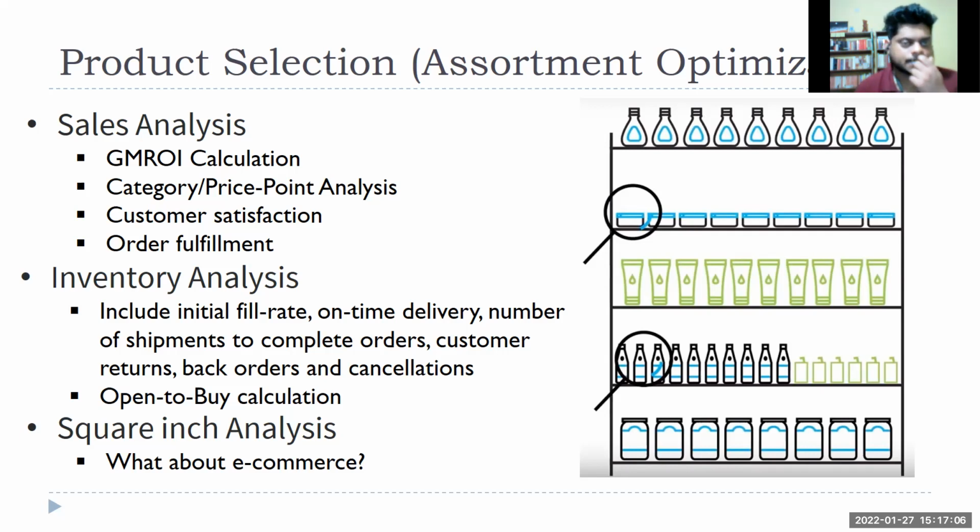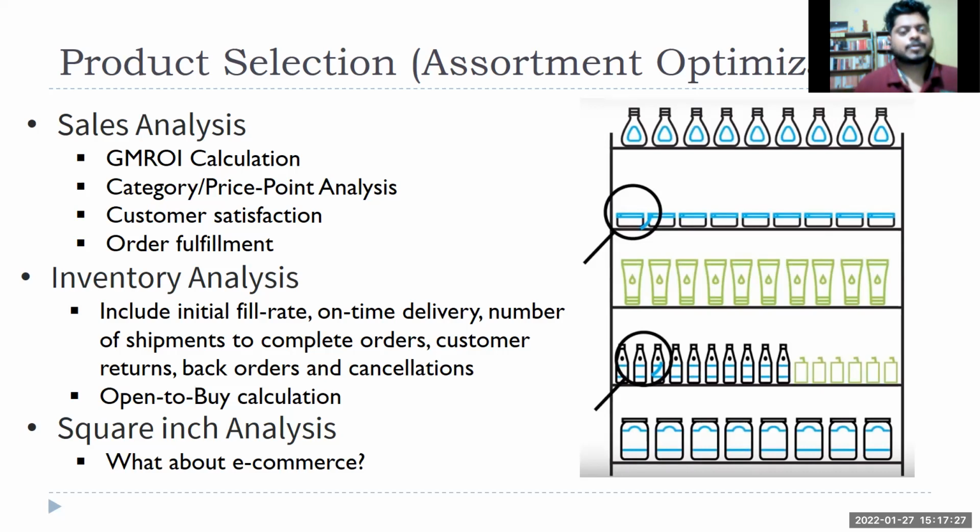Then cancellations, right? Mostly this is for online shopping, when people order, but either during shipment or once it reaches the customer, they cancel the order. Then you have to look into the reverse inventory, how it will get back to the warehouse, right?